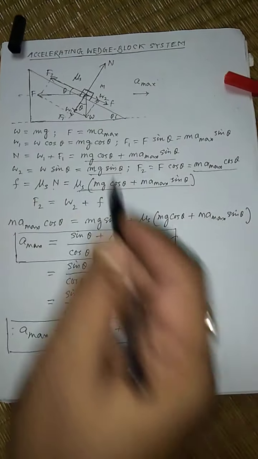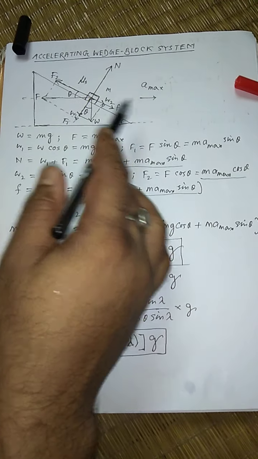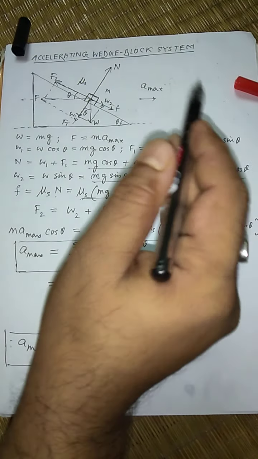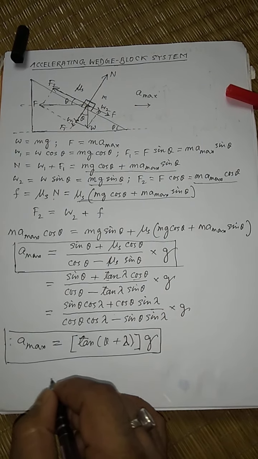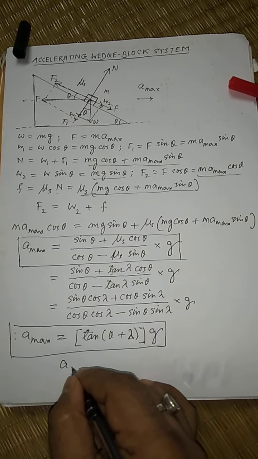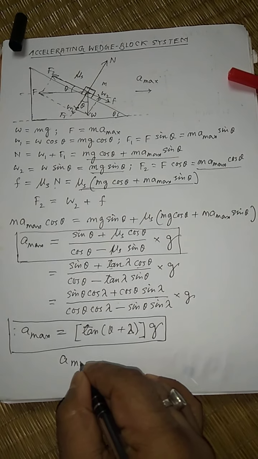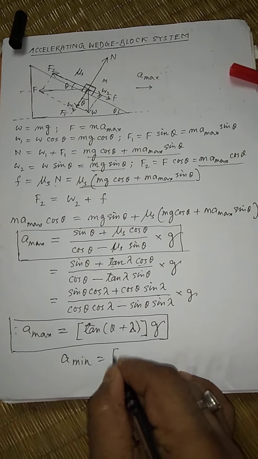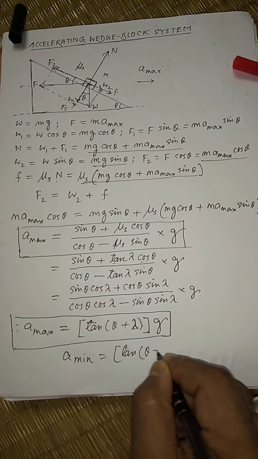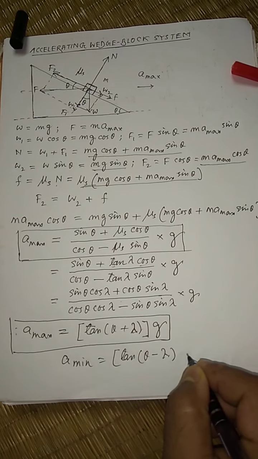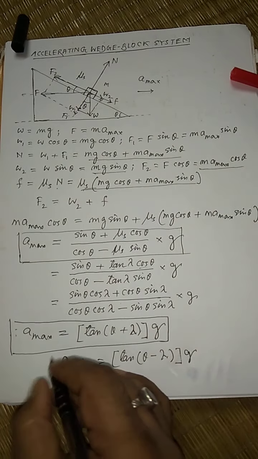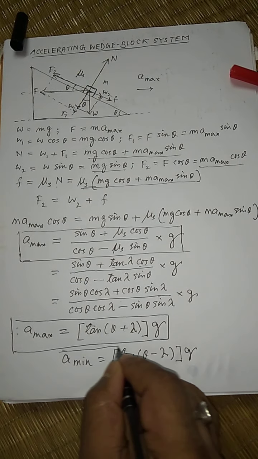And the minimum horizontal acceleration of this wedge was found to be, in the last video, A minimum is equal to tan of theta minus lambda, multiplied by the acceleration due to the Earth's gravity.